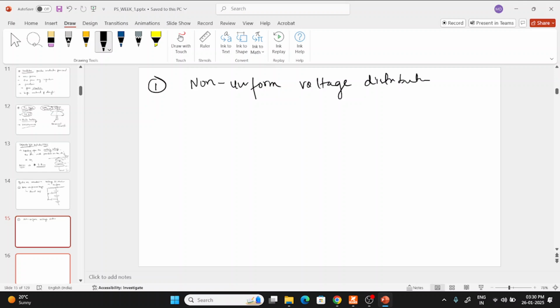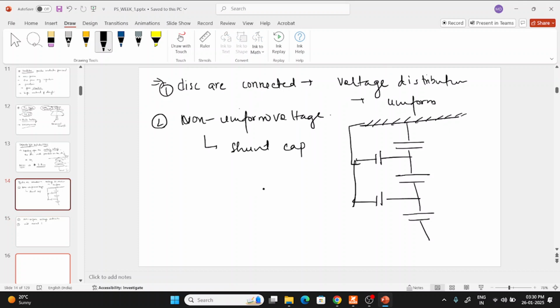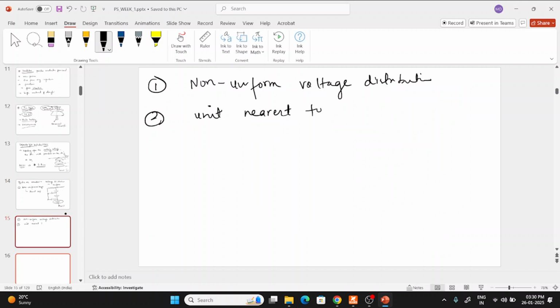Non-uniform voltage distribution. And the biggest thing, another thing, is the unit nearest to the conductor. Just like this is the conductor, the unit near it has maximum stress. Units nearest to the conductor have maximum stress.